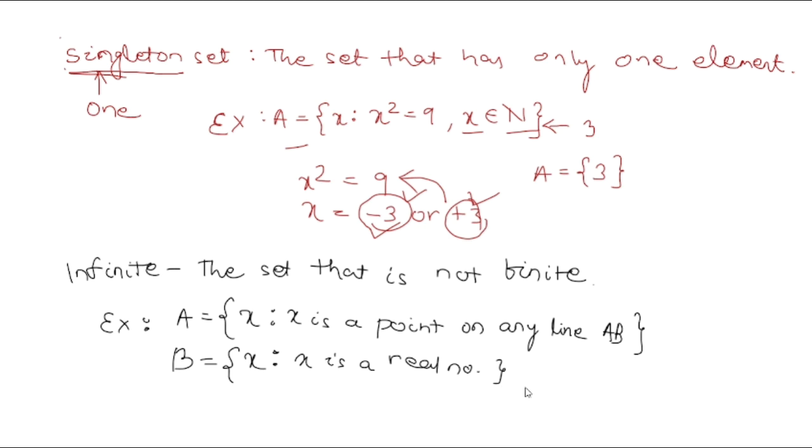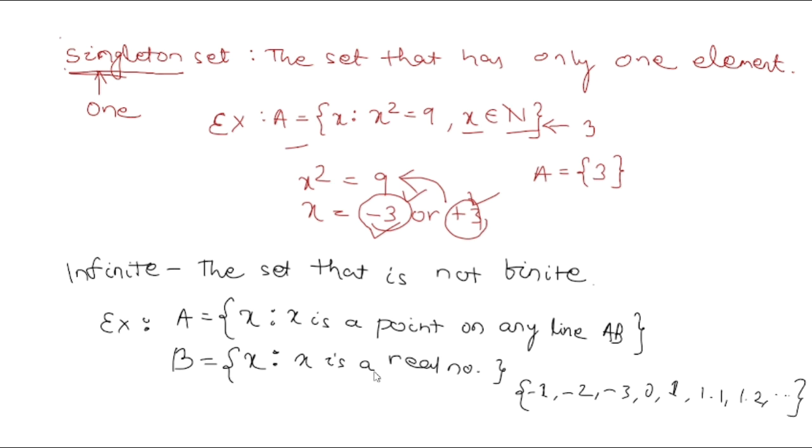We know that there are so many real numbers like minus 1, minus 2, minus 3, 0, 1, 1.1, 1.2, like this. So many elements are there. We cannot even count how many elements are there in the set of real numbers.